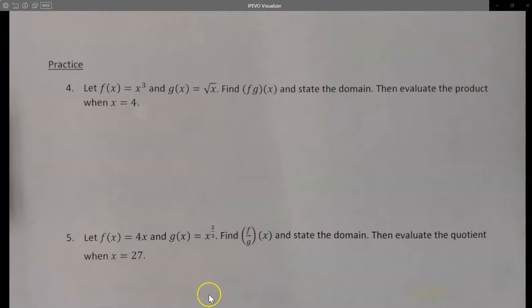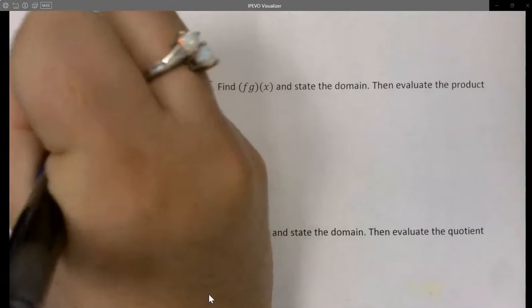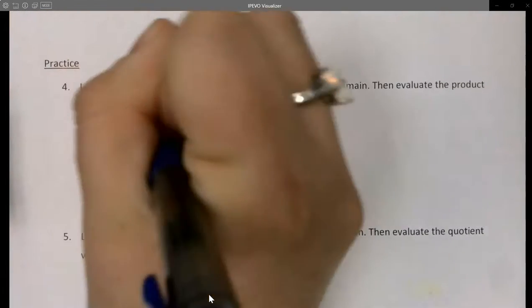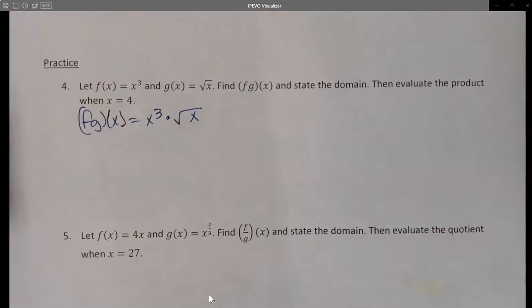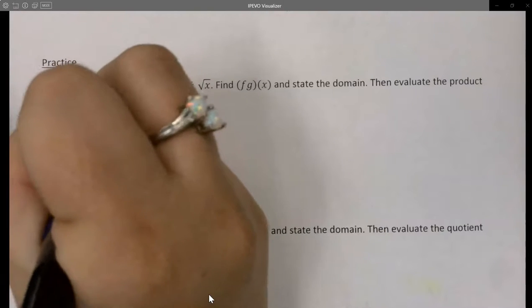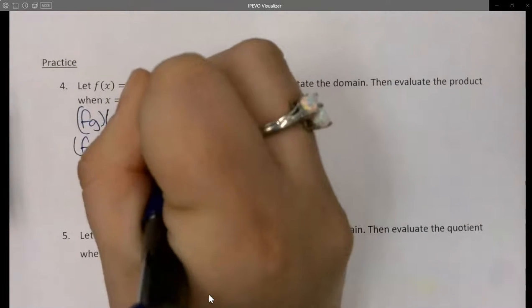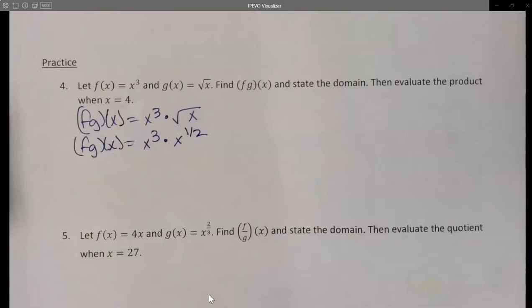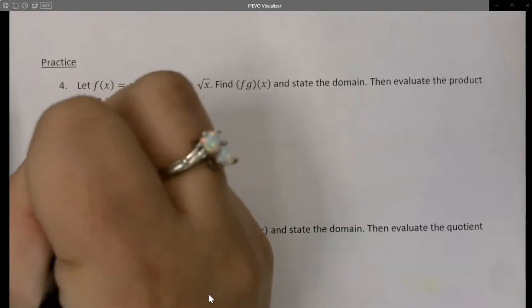So on number 4, this one is multiplying. So I want to take the 2 functions and multiply them together. Like we did in number 1, the square root of x can be changed to 1/2. Then I want to go ahead and add my 2 exponents.